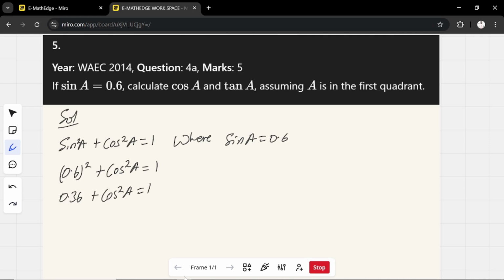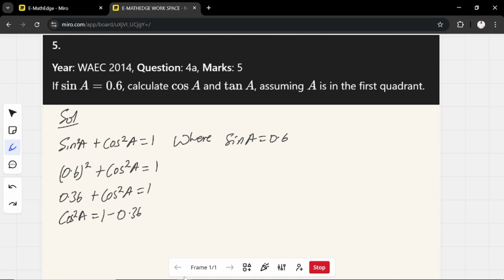Since 0.36 is a positive number, going to the right hand side it becomes negative. So we are going to have cos squared A equal to 1 minus 0.36, positive 0.36 crossing the equal sign becoming negative.